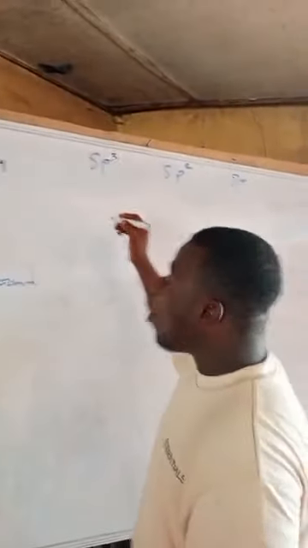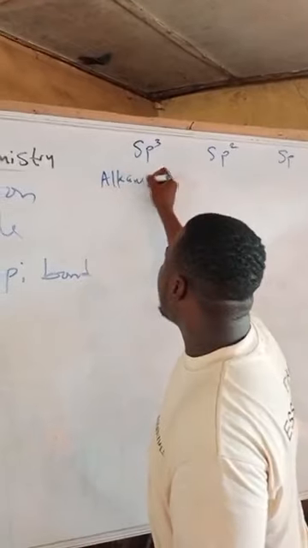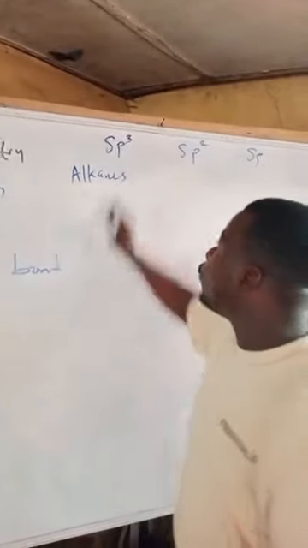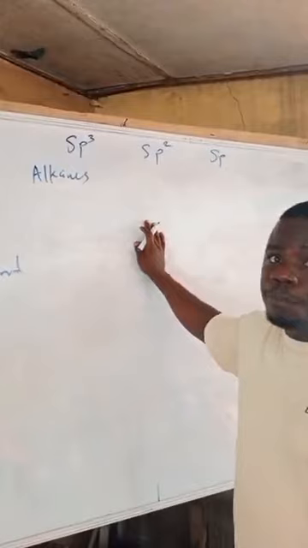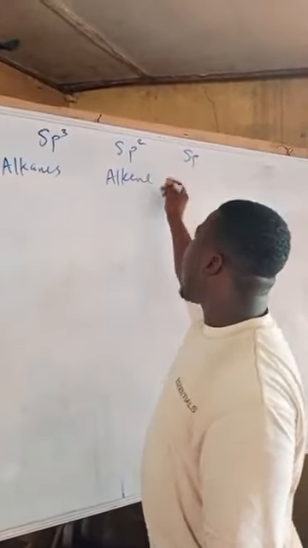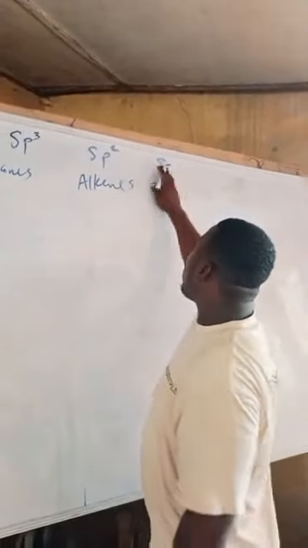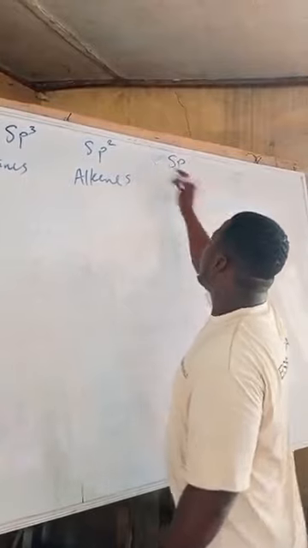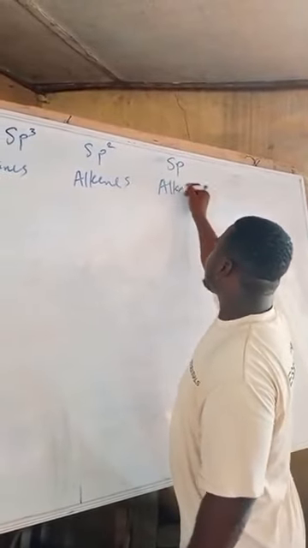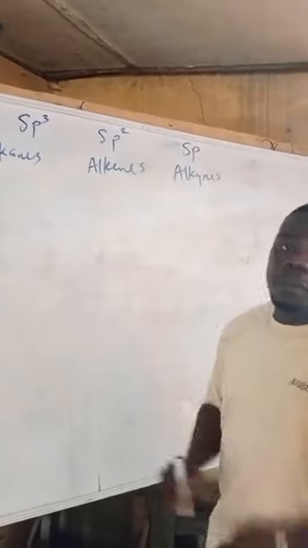Now, all alkanes, take note, all alkanes have hybridization of sp3. All alkenes have hybridization of sp2, and all alkynes have hybridization of what? sp.